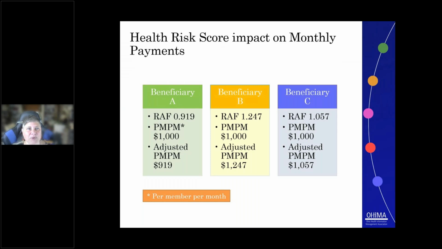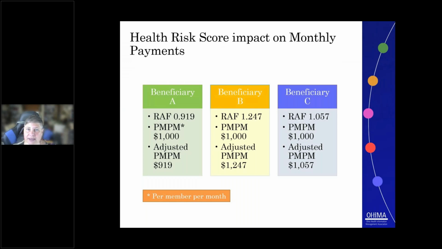And in this example, we have the monthly payment to the Medicare Advantage organization for an average Medicare beneficiary with a health risk score of 1 is $1,000. Using the total health risk score for beneficiary A, we can see that the monthly payment would be reduced to $919 because beneficiary A has a health risk score or health risk adjustment factor less than 1.